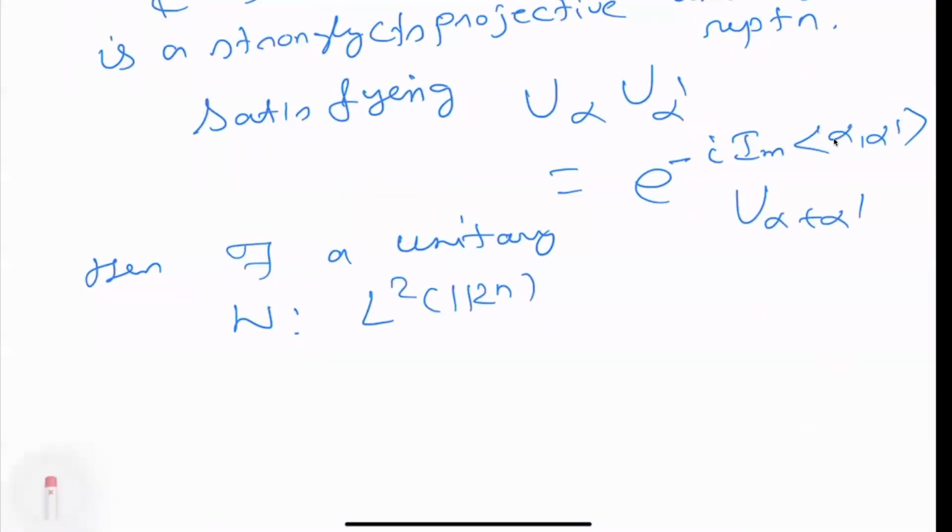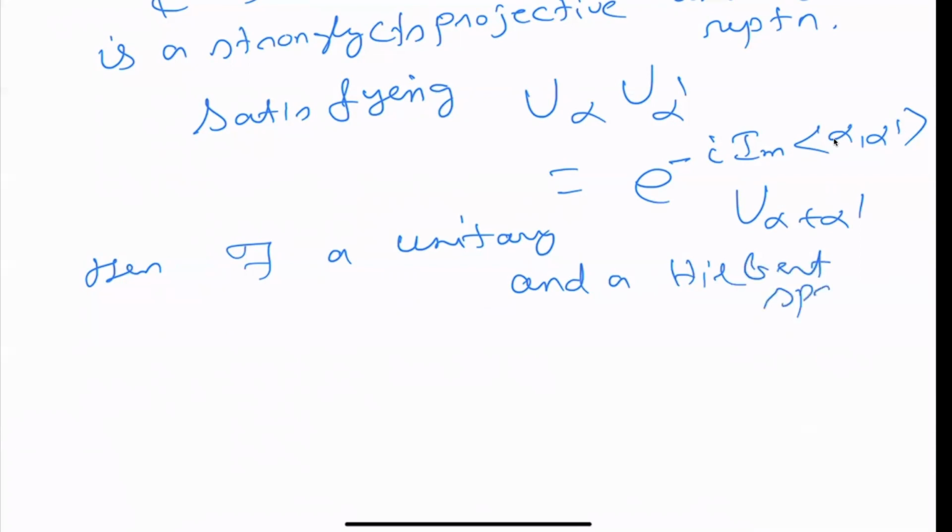There exists a unitary and some other space, a Hilbert space. It could be a small Hilbert space, K. There exists a unitary W, where W is from L2 of Rn tensor small k to K.